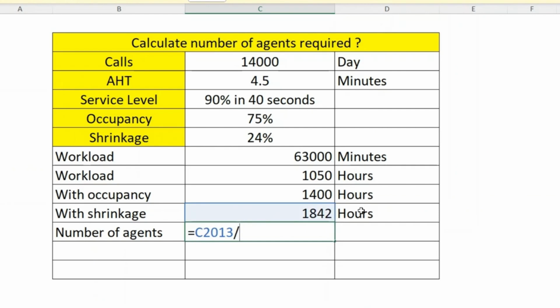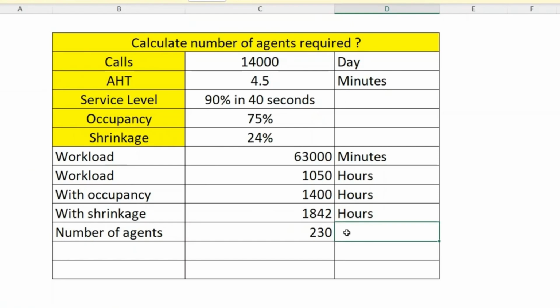But here I'm assuming it would be 8 hours and then hit the enter. So these are the number of FTEs we need to have to handle 14,000 calls in one day. So these are the number of agents we need to have in one day to handle 14,000 calls with AHT of 4.5 minutes. In case if you have any doubt, you can just mention in the comment section.